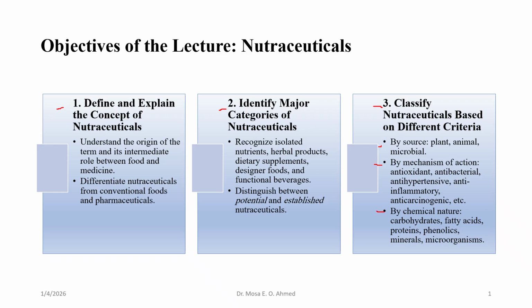Classification of nutraceuticals based on source can be classified into plant, animal, and microbial nutraceuticals, while based on mechanism of action, nutraceuticals are classified into antioxidant, antibacterial, antihypertensive, and so on. And the classification based on chemical nature, nutraceuticals are classified into carbohydrates, fatty acids, proteins, phenolics, minerals, and microorganisms.